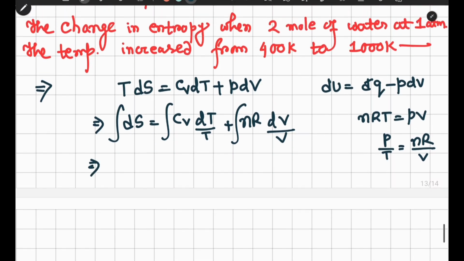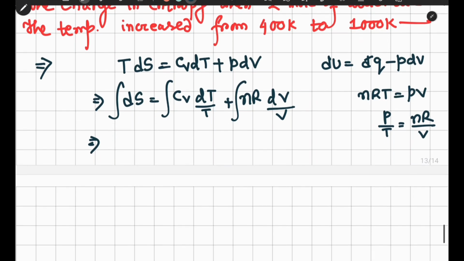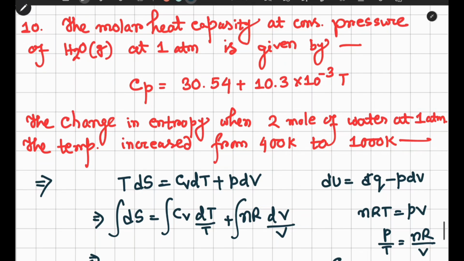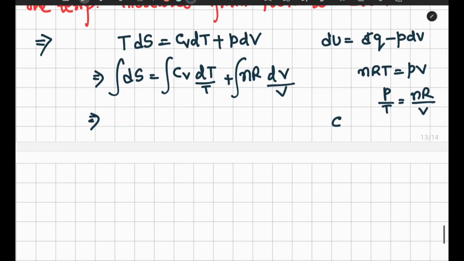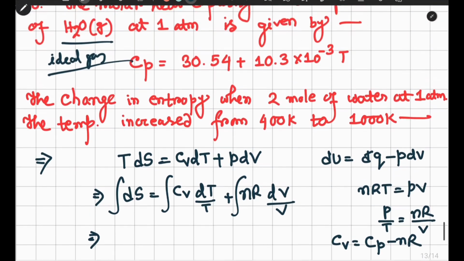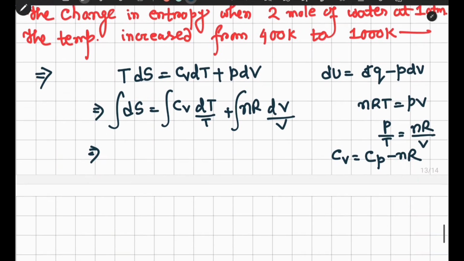Okay. So if we integrate, then we can calculate. But here Cv is not given, Cp is given, and for ideal gas, here ideal gas is not mentioned, but eventually we can consider this water vapor as ideal gas. Otherwise we can't use any equation. So for ideal gas, Cv is eventually Cp minus nR, and how many moles are there? 2 moles. That we can change later.